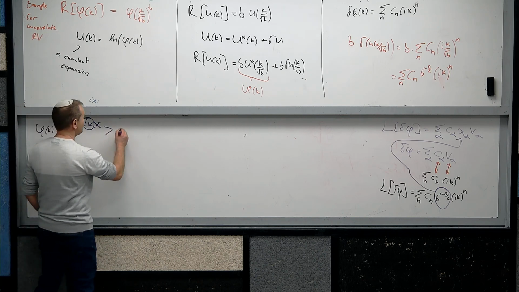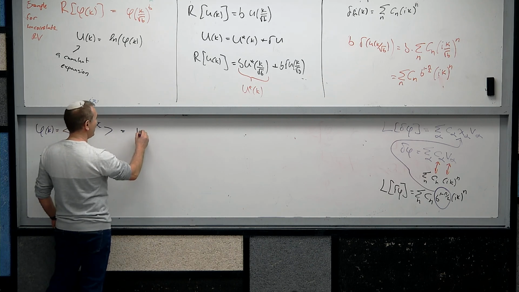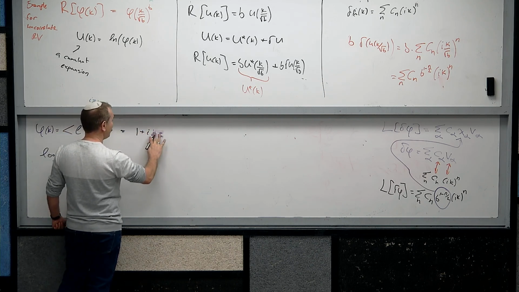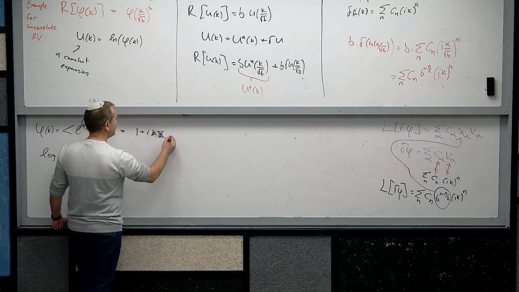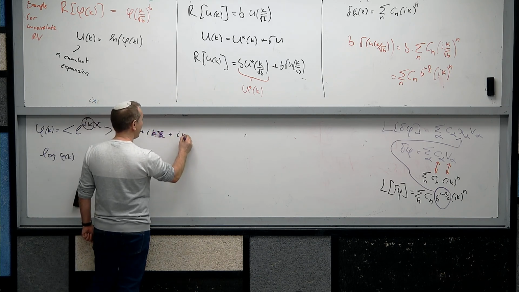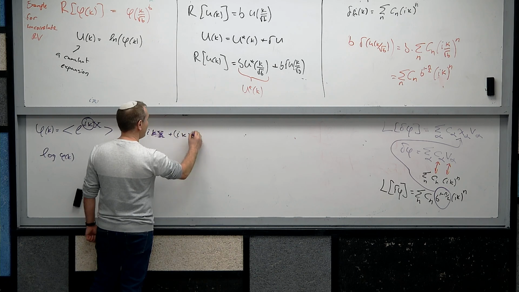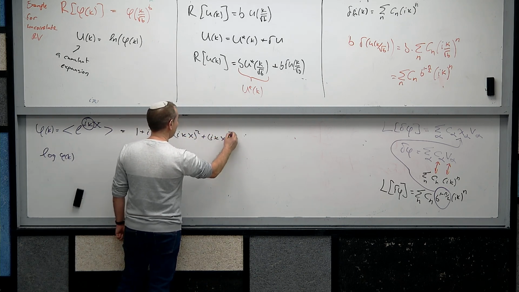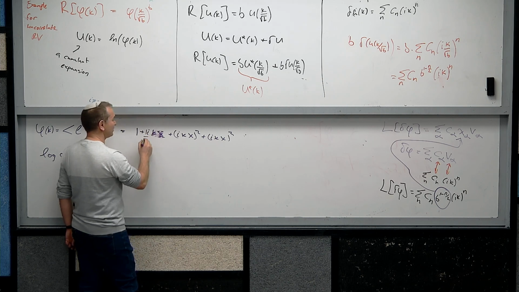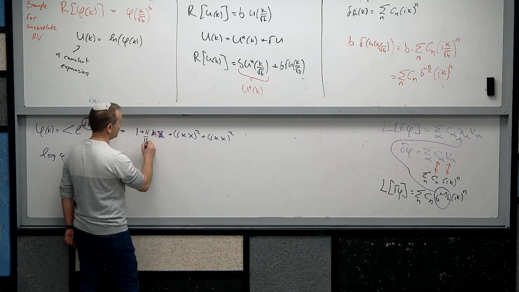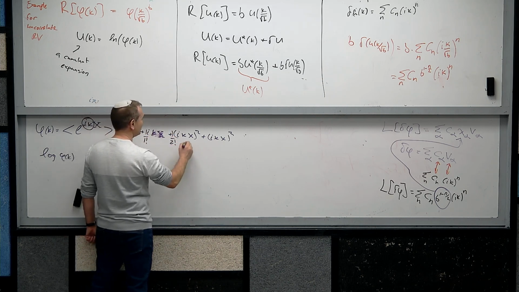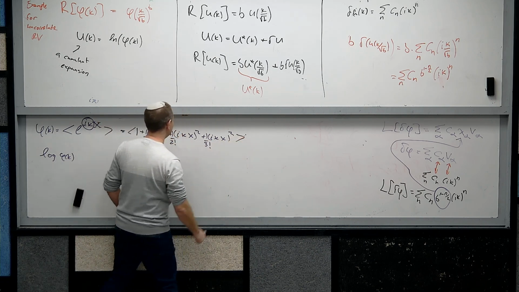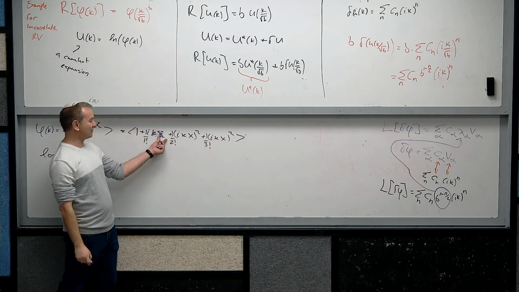So you can say this is 1 plus i k x plus (i k x) squared plus (i k x) to the third. Here I have 1 over 1 factorial, 1 over 2 factorial, 1 over 3 factorial, right? And I have to average. So x's are averaged.